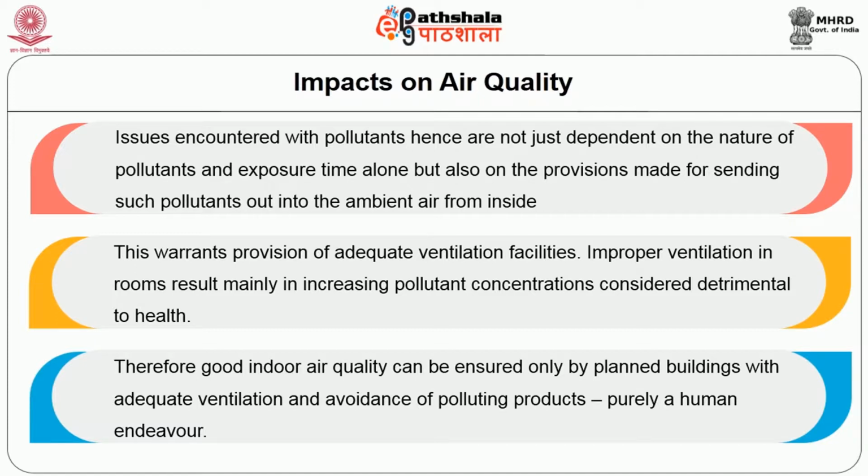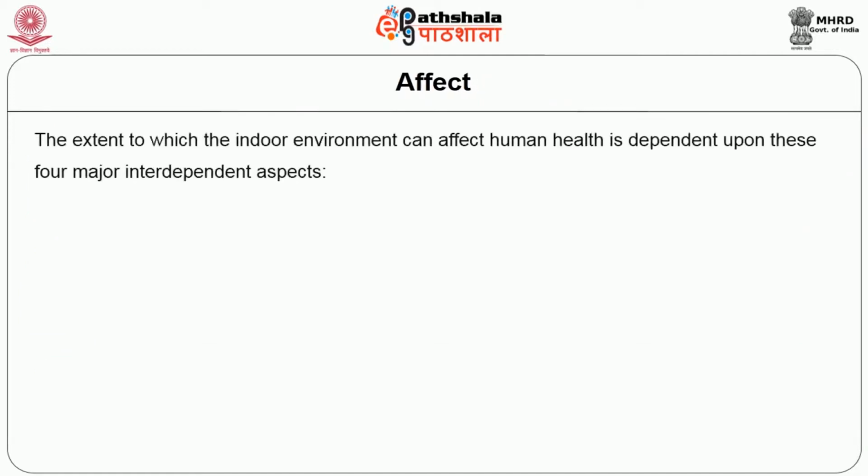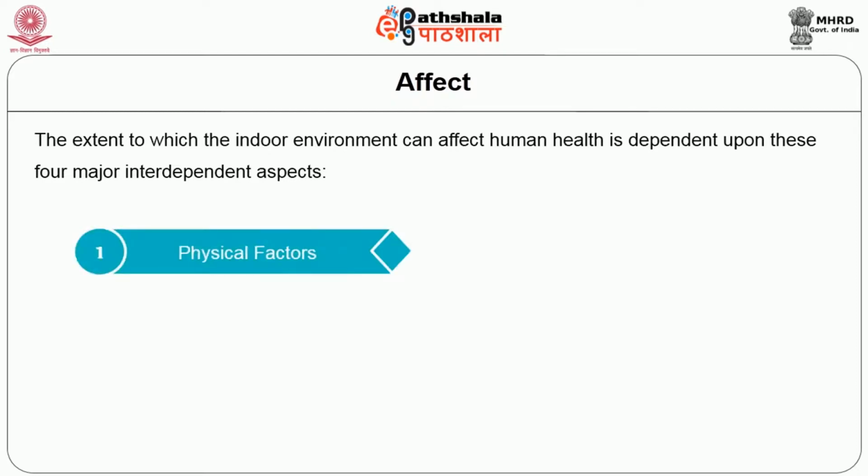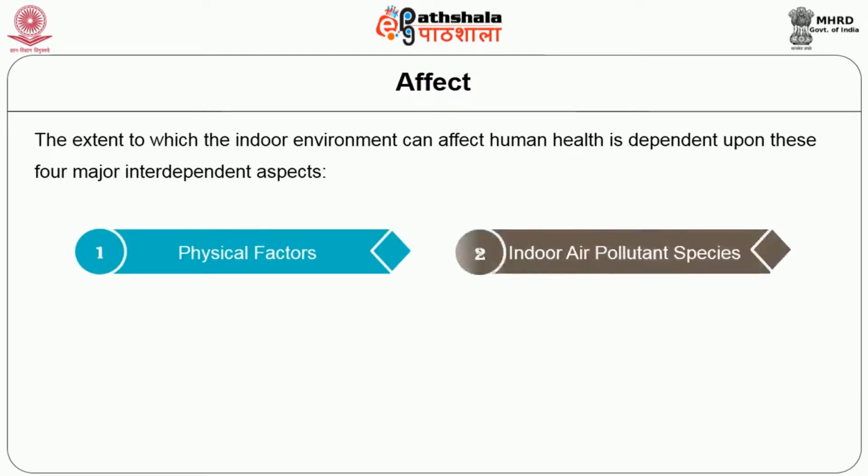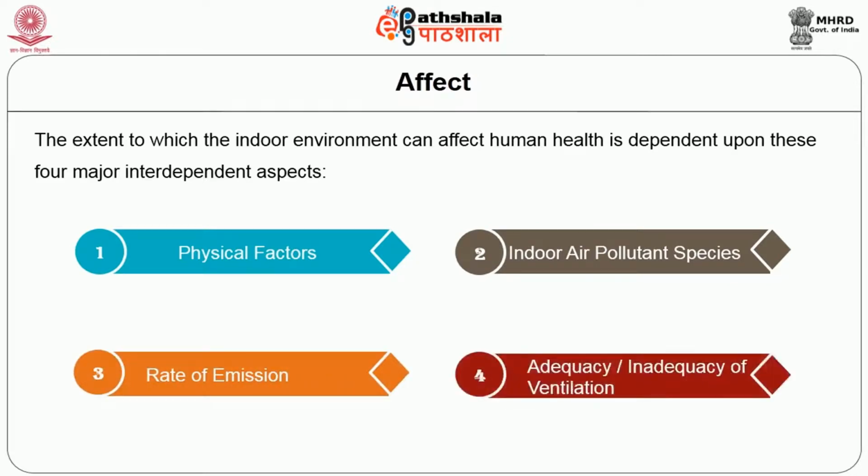purely a human endeavor. The extent to which the indoor environment can affect human health is dependent upon these four major interdependent aspects: physical factors, indoor air pollutant species, rate of emission, and adequacy or inadequacy of ventilation.